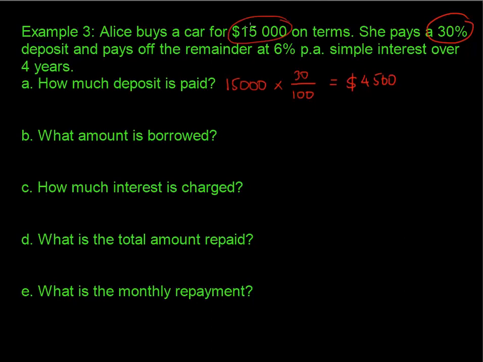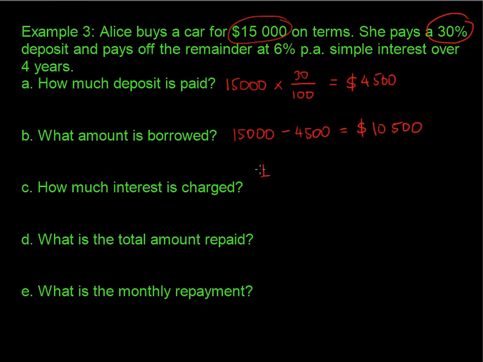She doesn't need to borrow the full $15,000 because she's already paid a $4,500 deposit. So the amount she borrows is $15,000 minus her deposit. After she's made the deposit, she's really only borrowing $10,500.